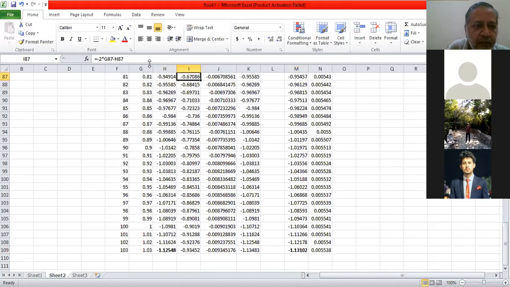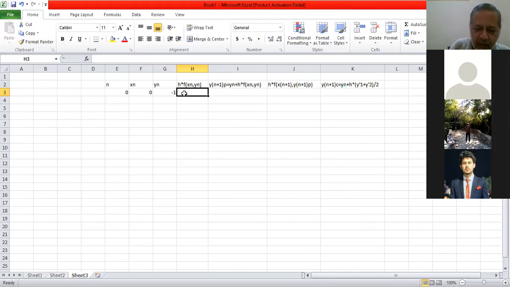This column, yes, is equal to 0.1 star minus 2 times x, f3 minus g3.